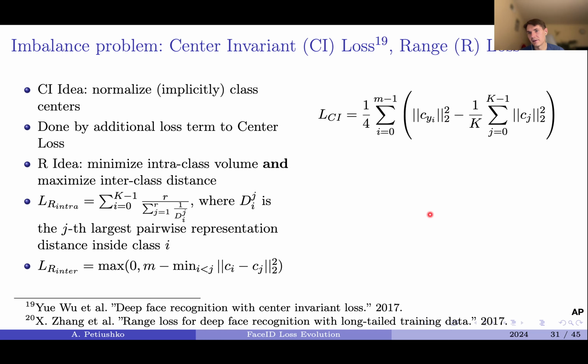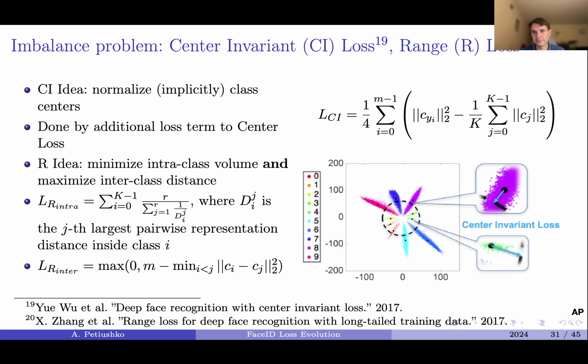And in this case we are providing the same norm for all the class centers, and you can see here. So if we are outside of this norm, it's pushing from outside to the surface, and here from inside to the surface. But unfortunately, there is no specific radius in this case.